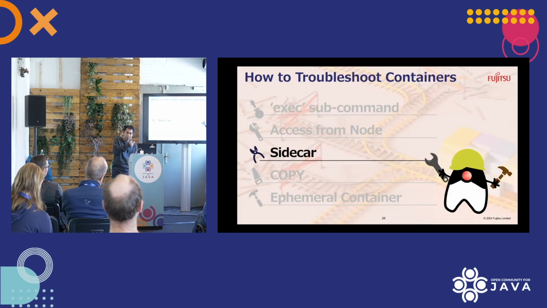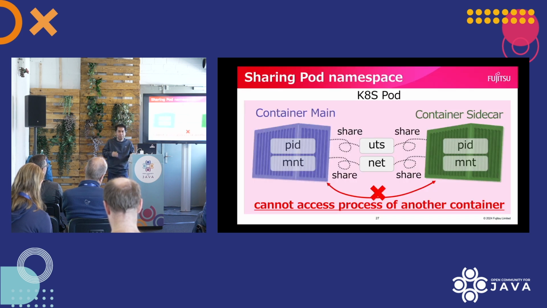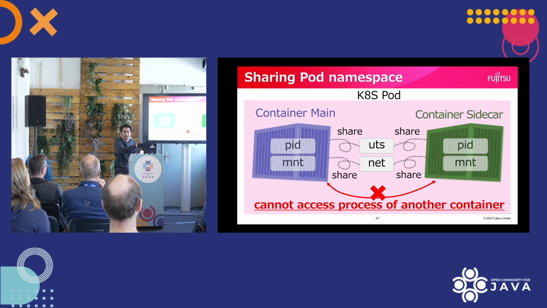So the next method is the sidecar method. I think most of you know the sidecar. A pod is a set of containers, but by default, the PID namespace is not shared among the containers in a pod. So a process in one container cannot be seen by processes in other containers.